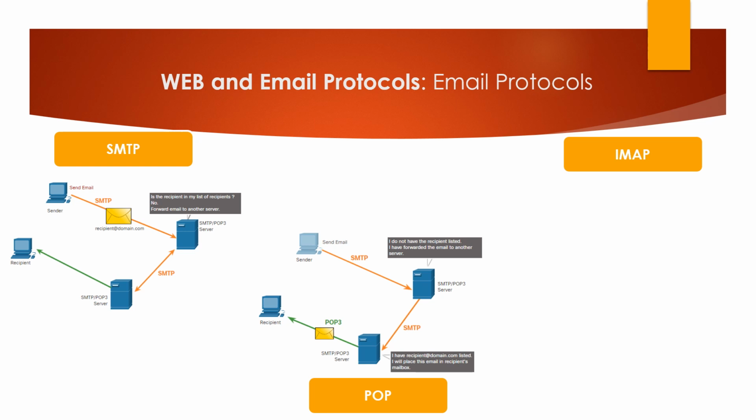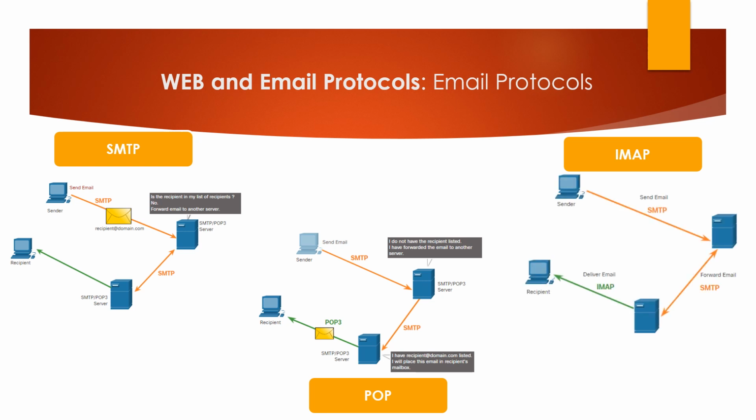As for the Internet Message Access Protocol, it is another protocol that describes a method to retrieve email messages from the server. Unlike Post Office Protocol, when the user connects to an Internet Message Access Protocol capable server, copies of the messages are downloaded to the client application, as shown here.